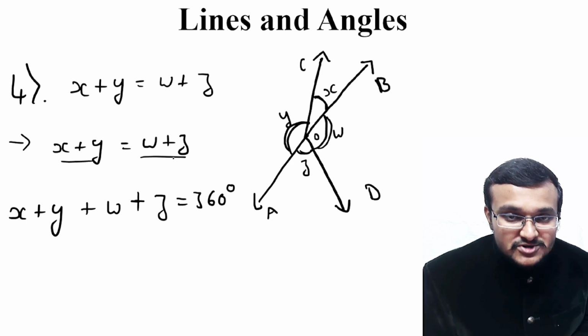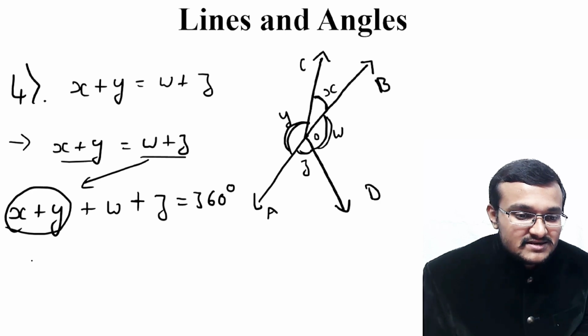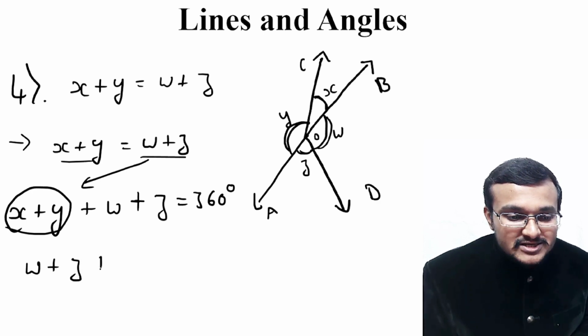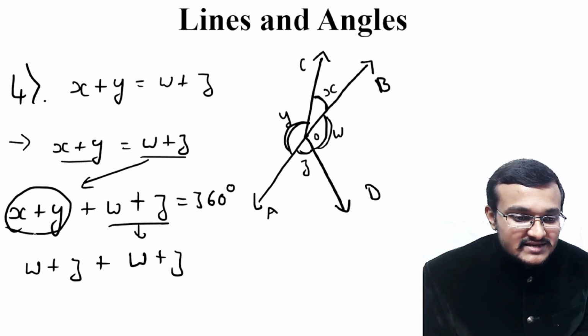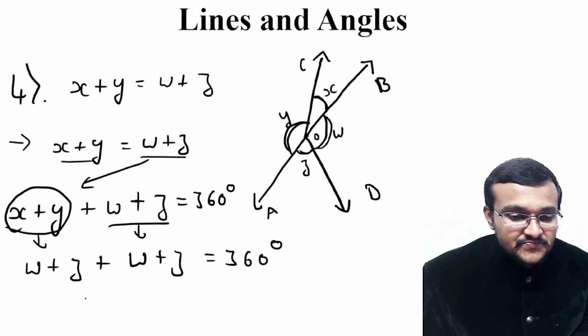Since X plus Y is equal to W plus Z, in the place of X plus Y I'll take W plus Z. So W plus Z plus W plus Z is equal to 360 degrees.